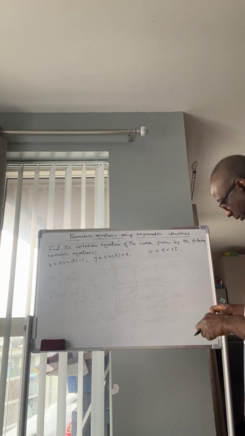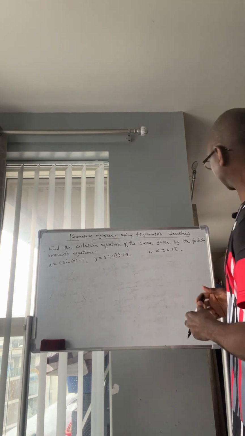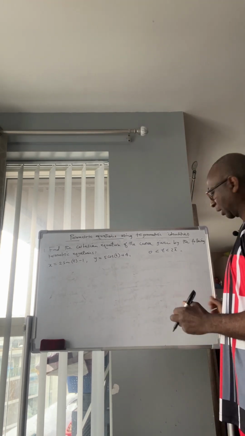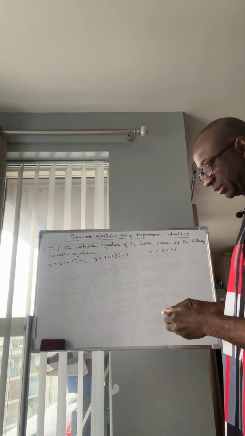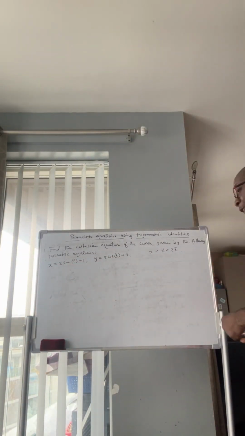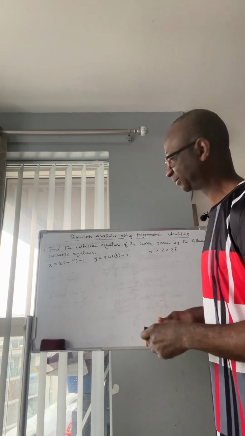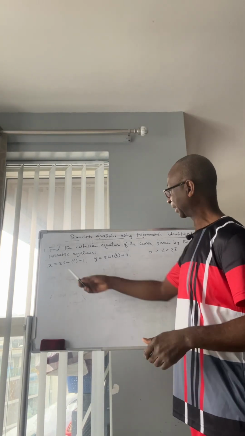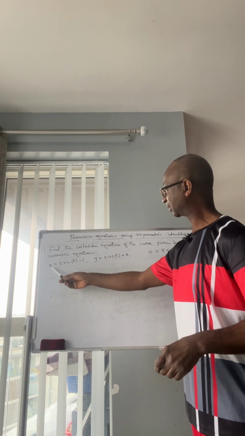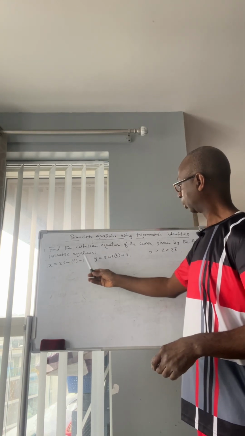So as we emphasized the last time, when you are given parametric equations and you are asked to transform that equation into a Cartesian form, you've got to reduce the parameters. Here, you have x, you have t, you have y, you have t.